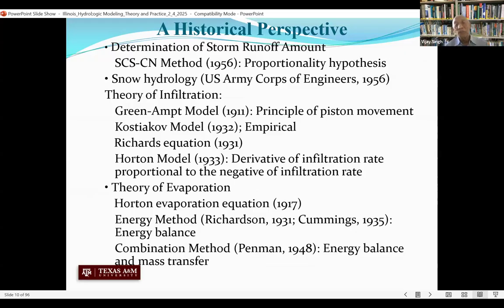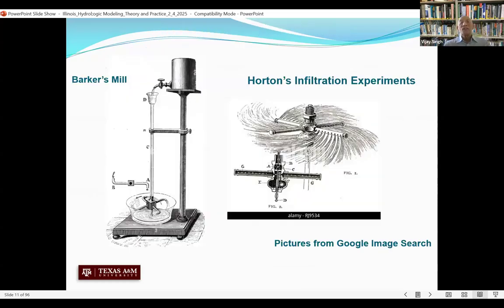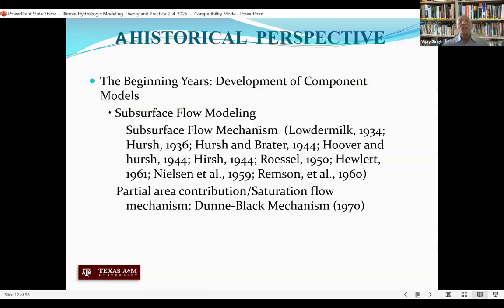And then, of course, Penman. Penman was a physicist. He combined the energy method with the mass transfer method, and that's why it is called the combination method. And this is Horton's infiltration experiment that he did.